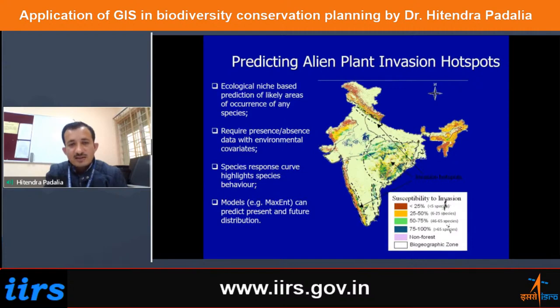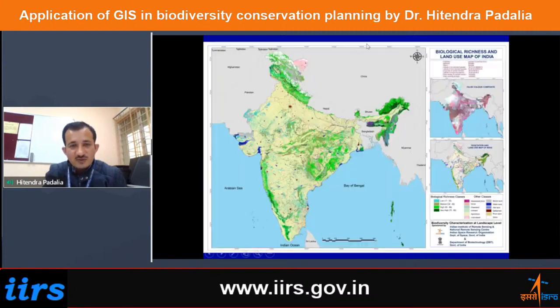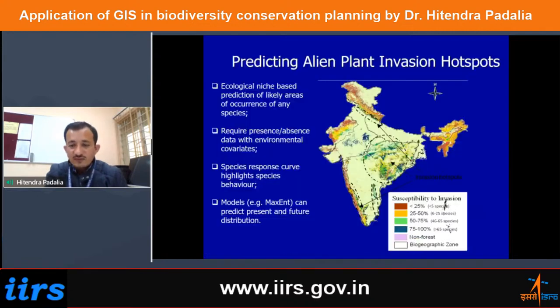Now, this was all native species data that has been integrated, and the native biological richness of the country has been represented. If I want to understand another aspect, like I told you, there are many exotic plant species in the country today spreading at a very fast rate. Those can be called invasive plants.